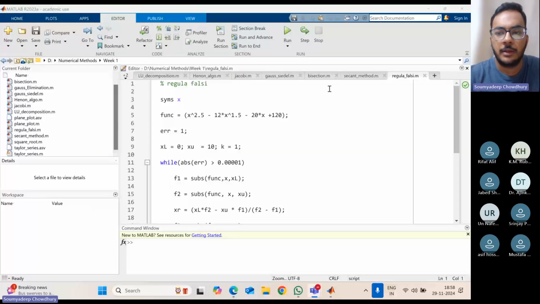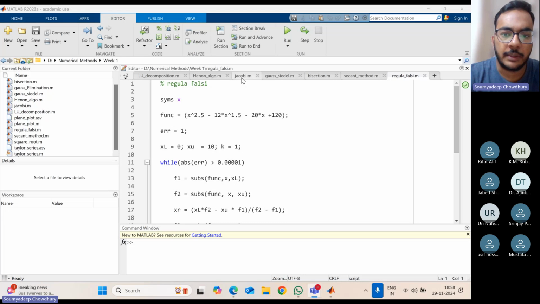Are you able to see the screen? Are you able to see the screen, anyone? Yes, sir. Okay, the MATLAB screen you can see, right? Yes, sir. Okay.